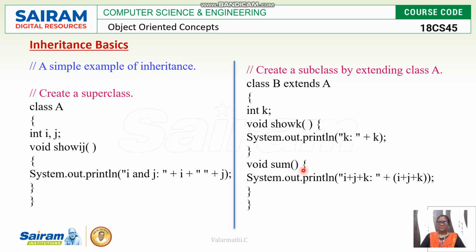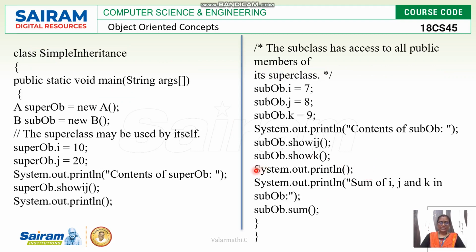Then sum is another method defined in class B, which is the instance variables i plus j plus k, defined in the subclass.